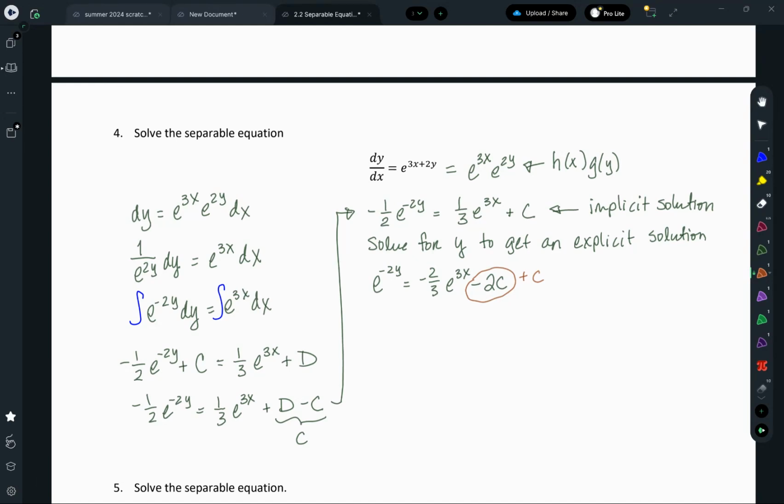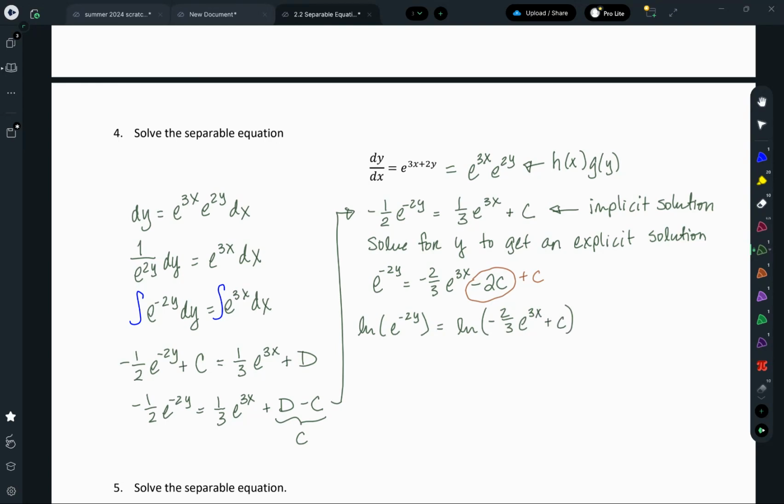So the next thing would be to take the natural log of both sides of the equation. So if I take the natural log of both sides, I have the natural log of e to the minus 2y is equal to the natural log of minus 2/3 e to the 3x plus c. I just rewrote that minus 2c as plus c.